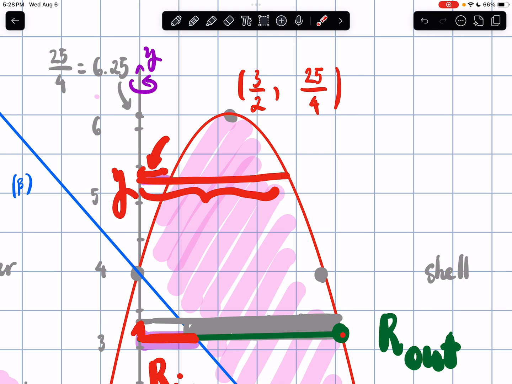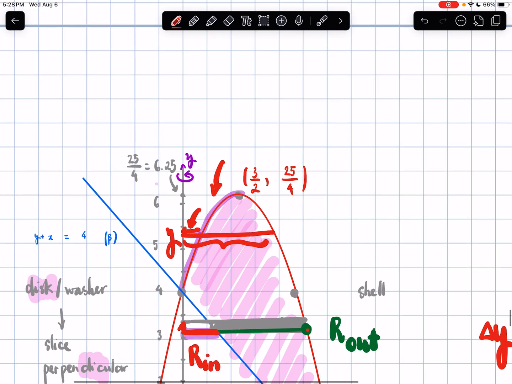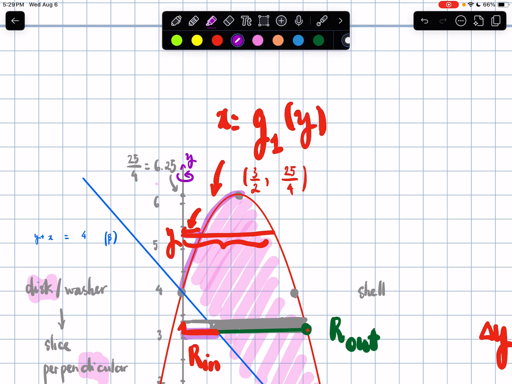So we need to compute this half of the curve, x as a function, say number 1, of y. And we need to compute the other half here, x as another function of y.